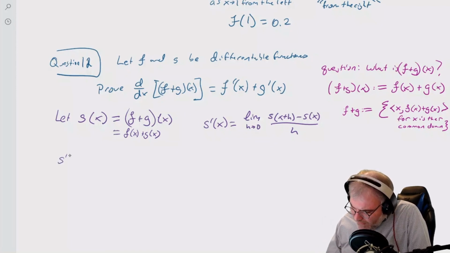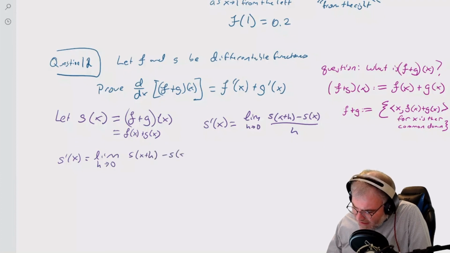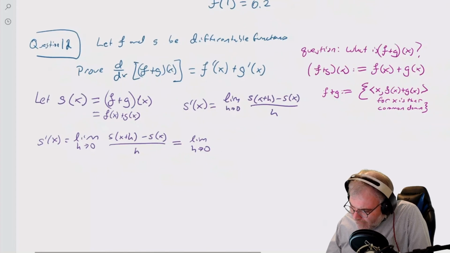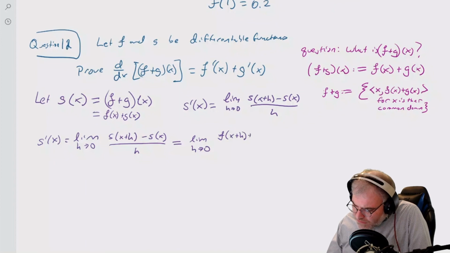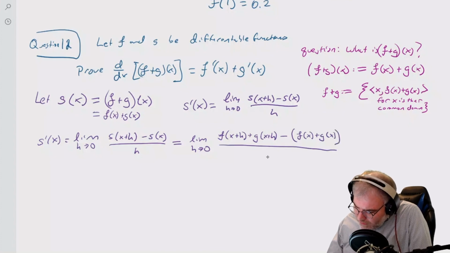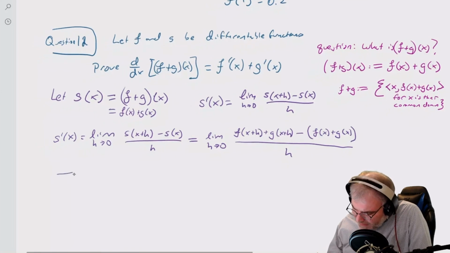So S prime of X equals the limit as H goes to 0 of S of X plus H minus S of X all over H, which equals the limit as H goes to 0 of, now here's what's hard, F of X plus H plus G of X plus H minus F of X plus G of X, all over H. That's the hard part, making that jump.